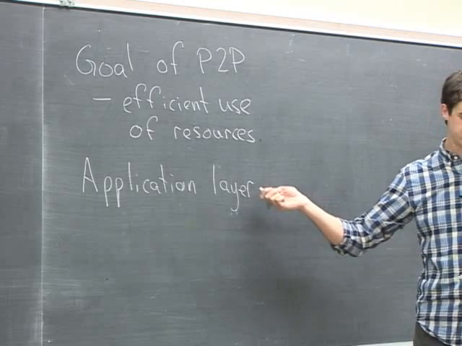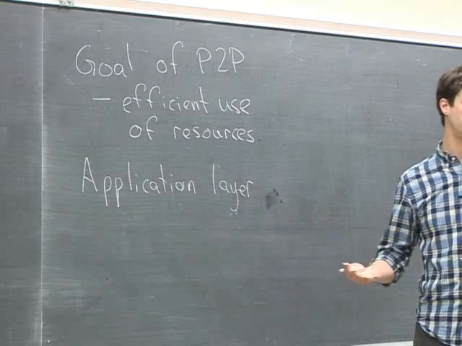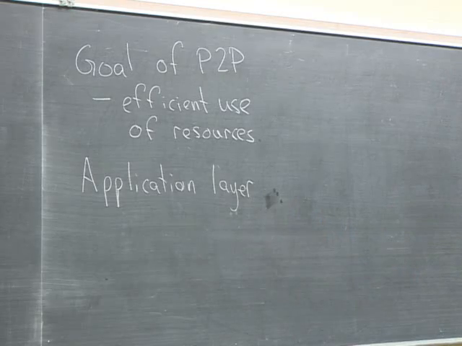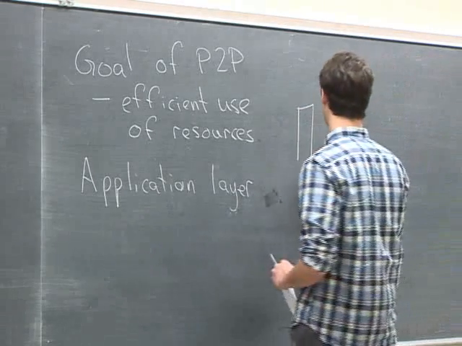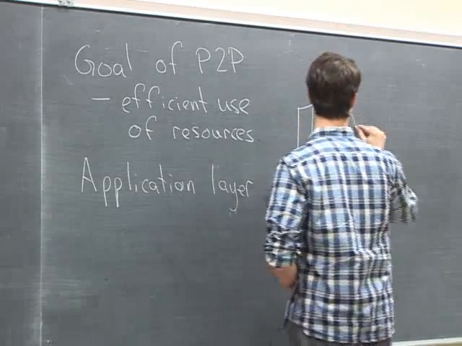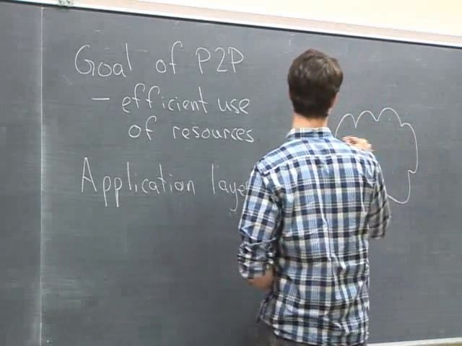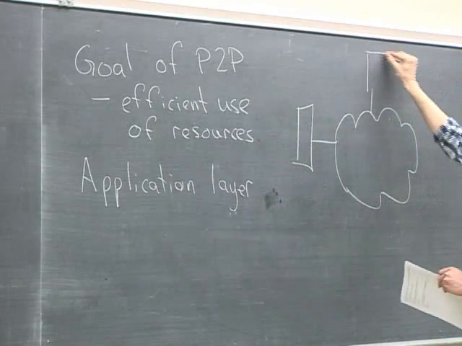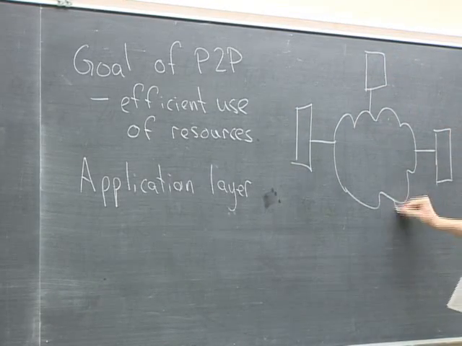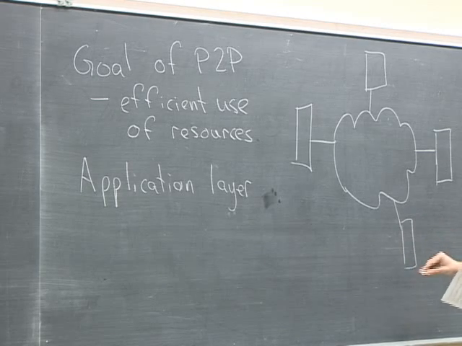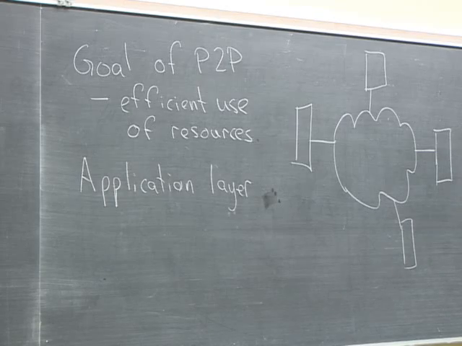And because it's at the application layer, it means it's software running on the end hosts. And so let me just draw what we have here. We have these end hosts connected to the internet. So now we have multiple end hosts here. And these are all running some peer-to-peer application, and they form what's called an overlay network.